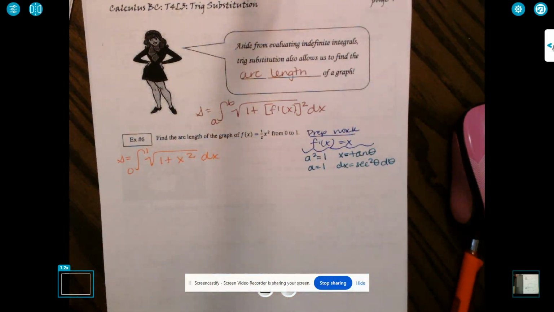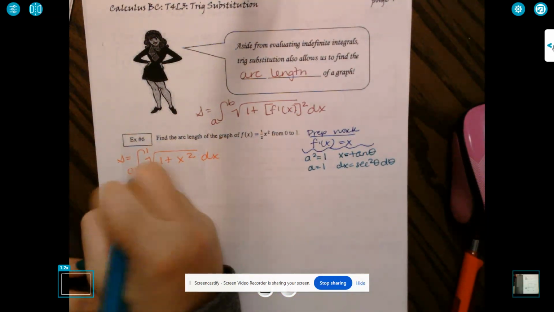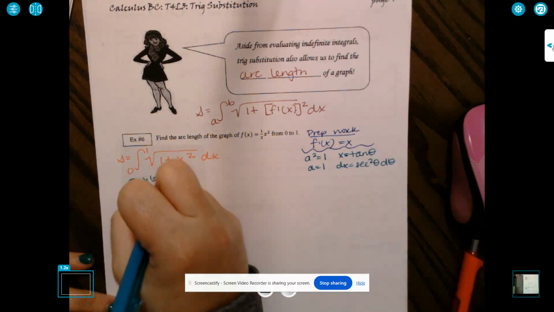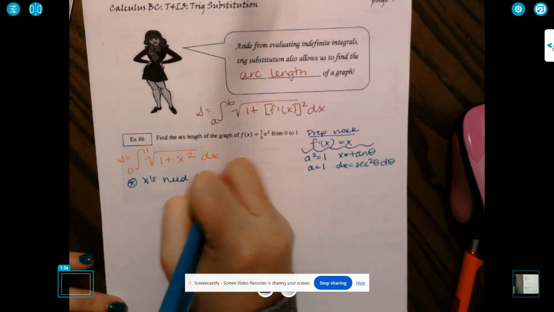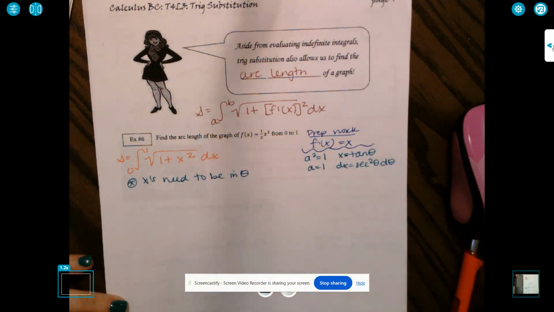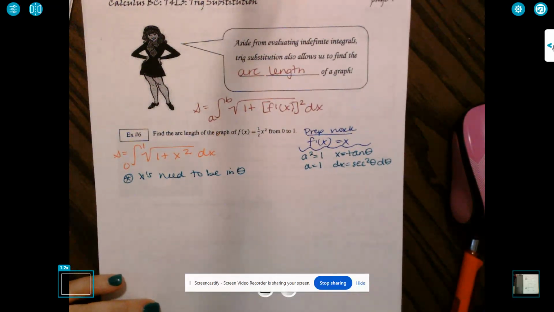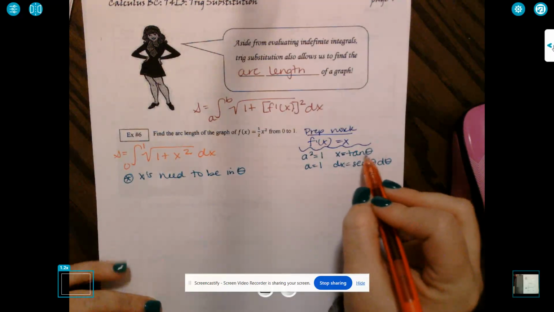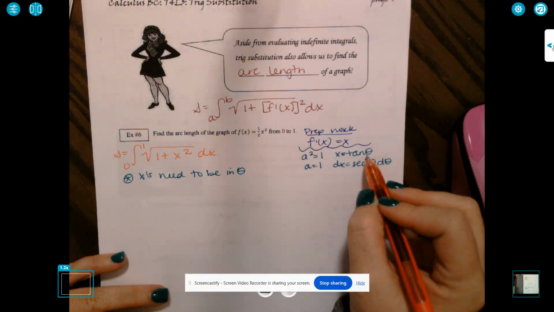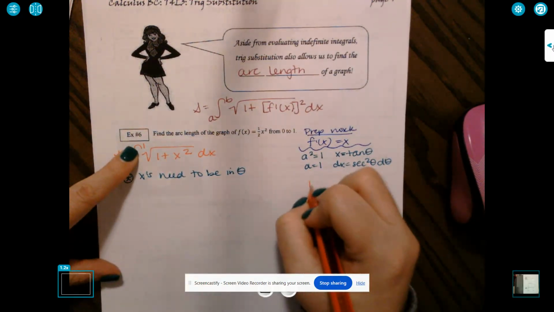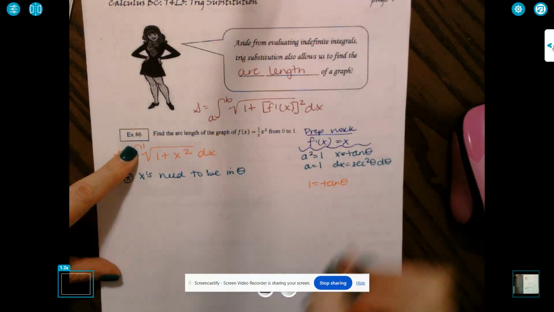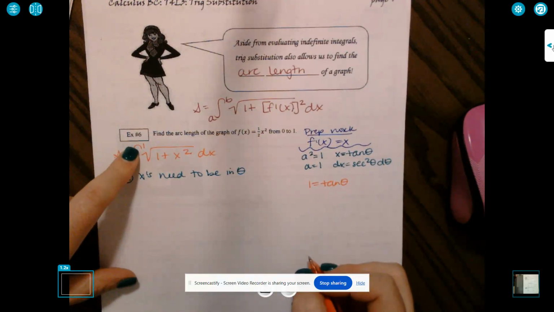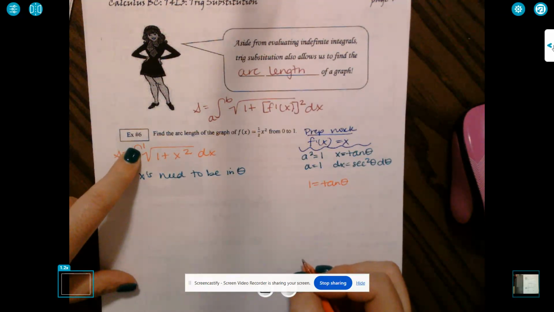But let's look right here and let's just make a note that our x's need to be in theta measurements. Okay, so we do have theta over here as x equals tangent theta. So if our x is 1, 1 would equal tangent theta. So where is our tangent going to be positive 1?